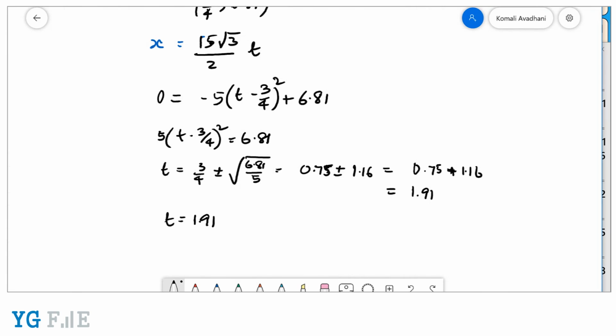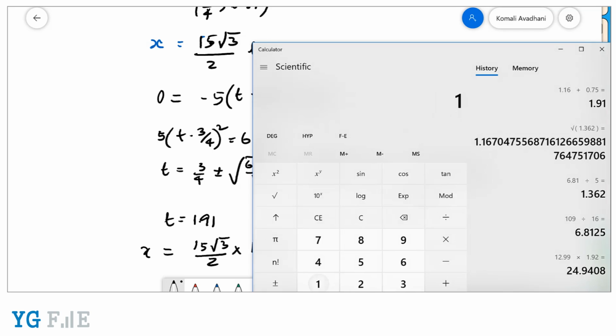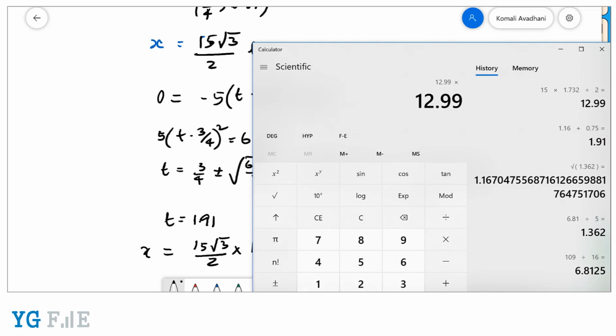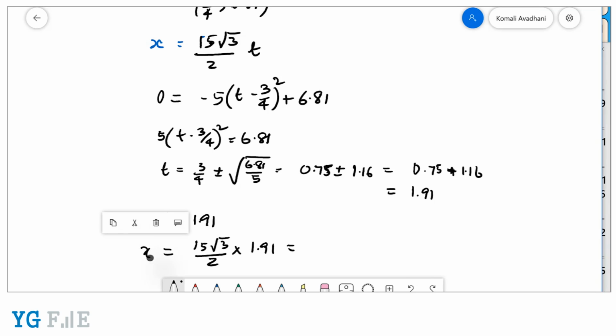Now x is the horizontal distance. Now we can substitute t is 1.91. So let us try to calculate using the calculator. 15 into root 3 is 1.732, and then we divide by 2 and then we multiply by 1.91.